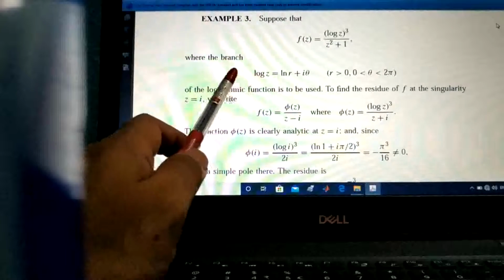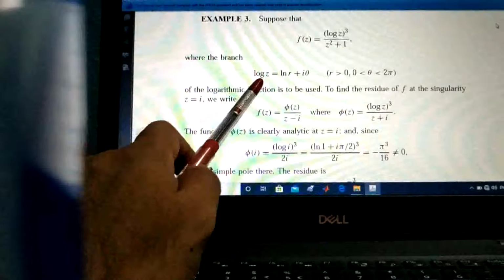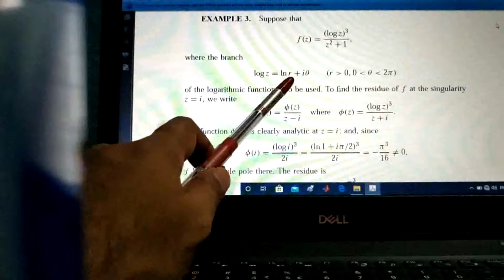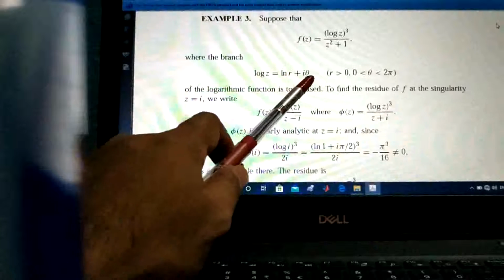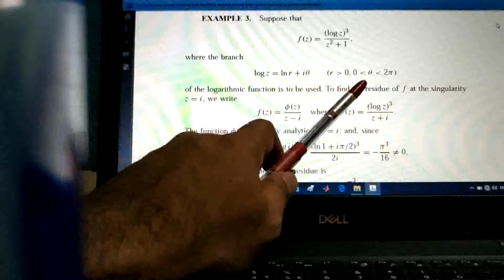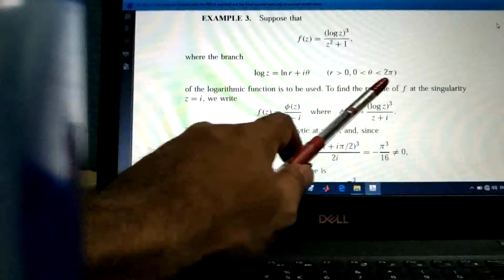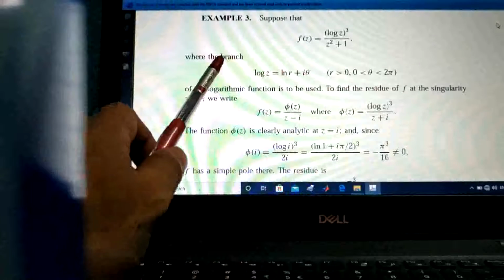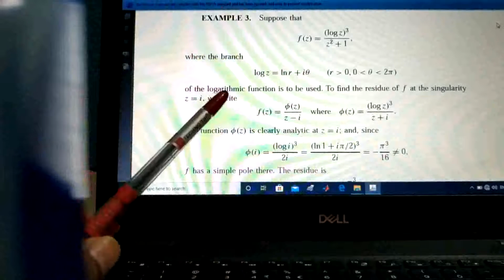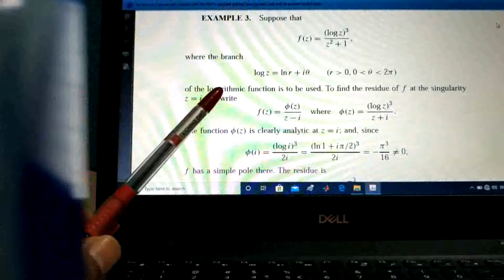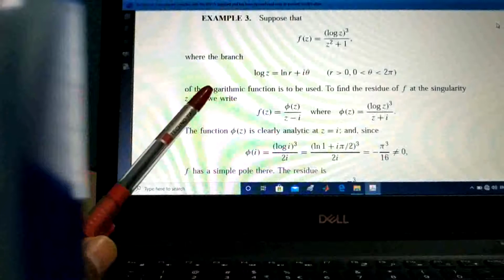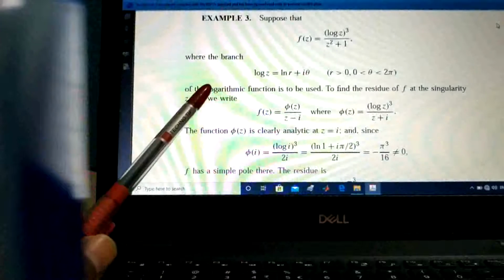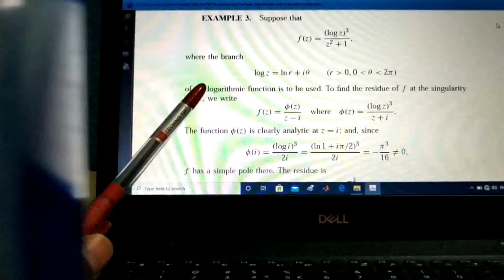And let us take a branch of log z, ln r plus i theta, where r is positive and theta is lying between these two angles. So the branch cut is considered here as theta equals 0, the positive real axis.